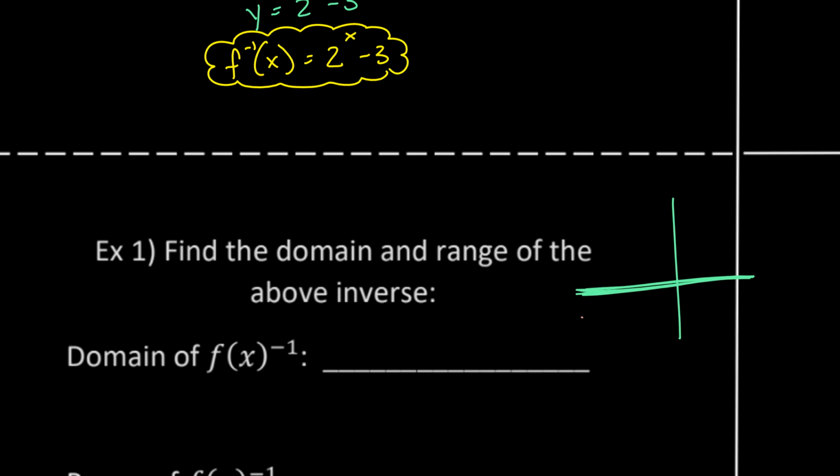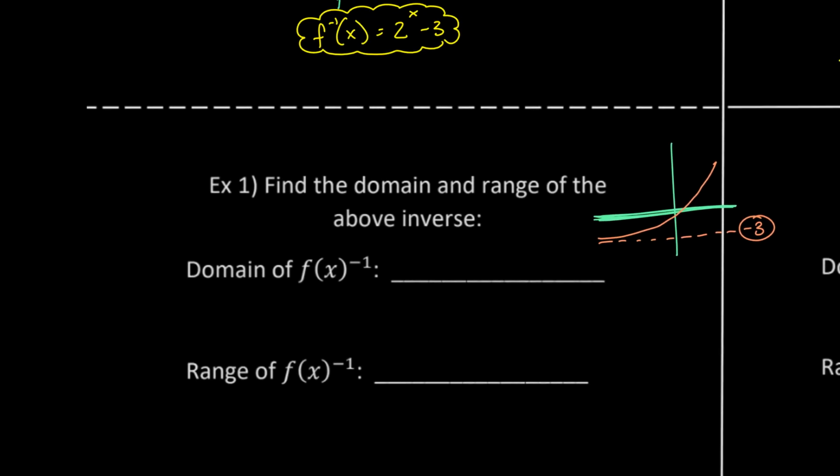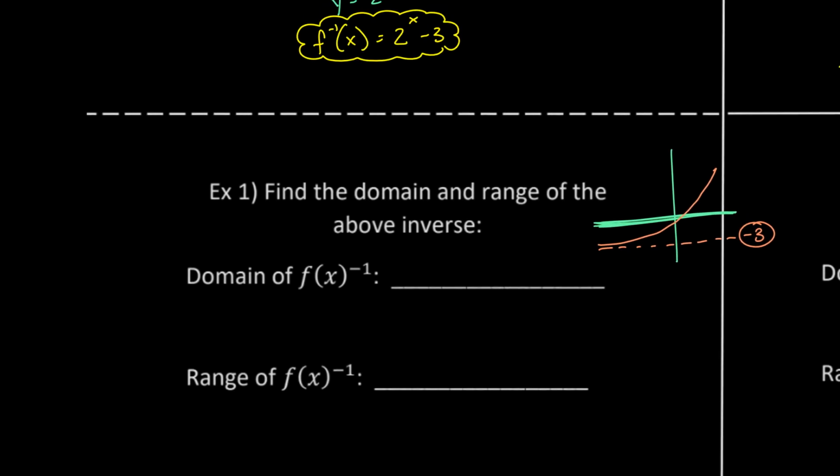So now we're moving down 3. That means that I'm here. And I have an asymptote where now? Where did my asymptote move to? Negative 3. So that means what has changed? The domain or range? The range, right? My y values were brought down a little bit. So what's my domain? All real numbers.